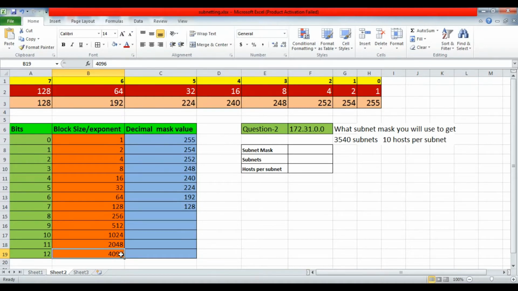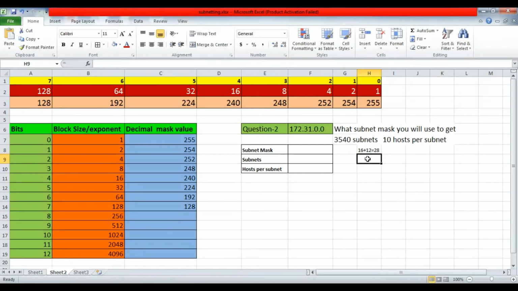Here we see that if we need 3540 subnets, then we will use 12 bits for the network address. We already have 16 bits reserved for the network. 16 plus 12 is equal to 28.